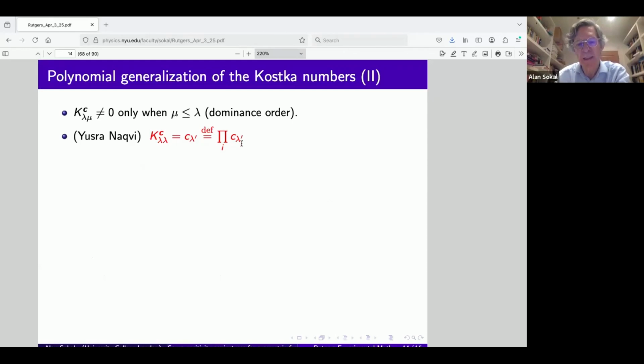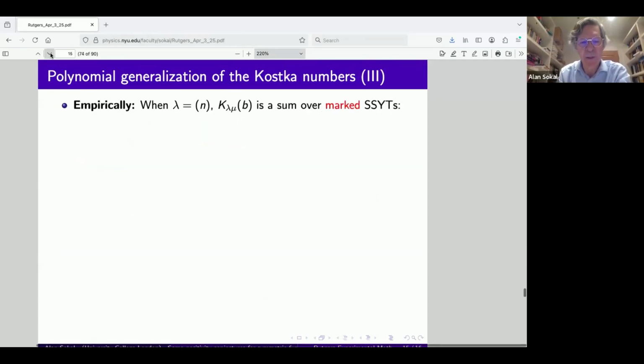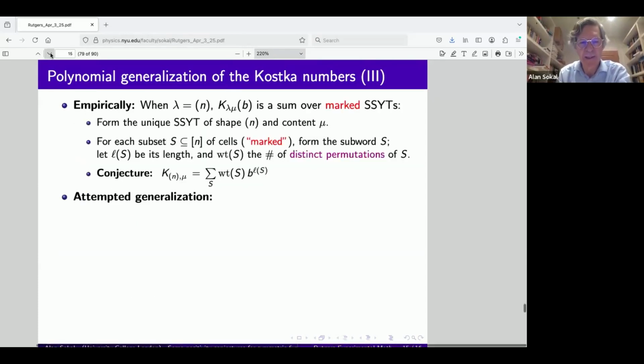The product of C lambda prime, if C is 1 plus Bn, is the product of 1 plus B lambda I prime. And that's screaming at you. You have a column of lambda I prime elements. You either mark nothing with weight 1, or you mark one of those cells with weight B. So that's why I said that.